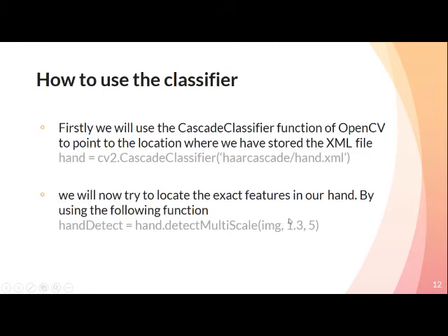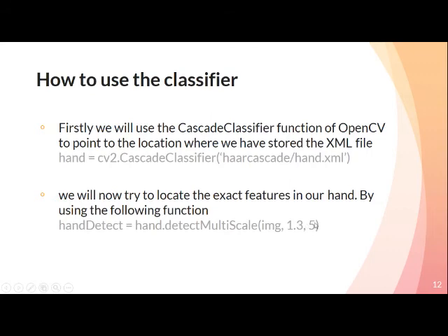Now this is the image from which we want to find the object, and this is the scale factor. As we have discussed, the classifier was trained with a limited size of the object image; it does not have every size of the object. In the real world we won't have that scenario, as an object may be of any size, smaller or bigger. So we have to use the scale factor, which will scale the image by this percentage.